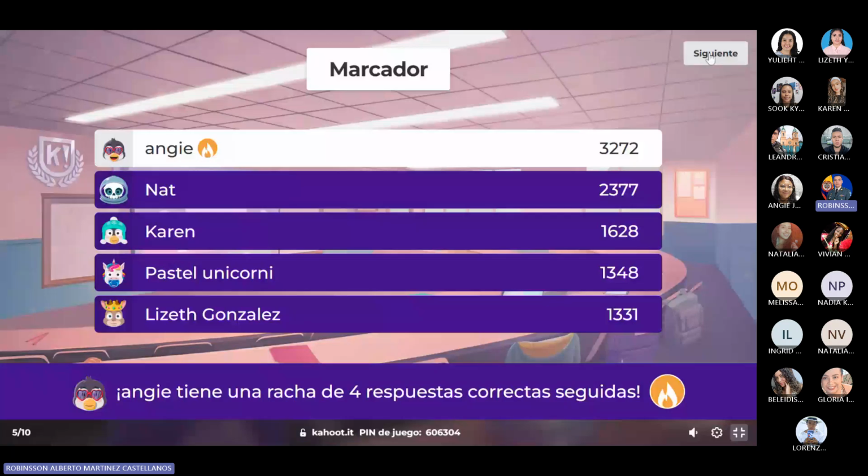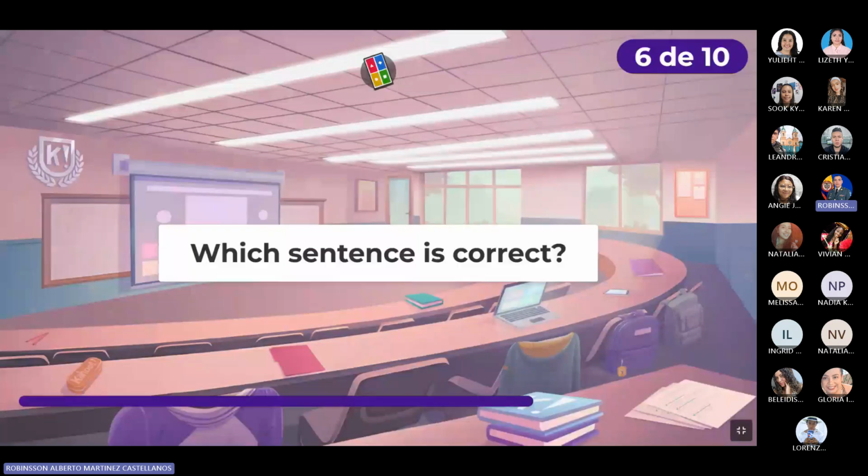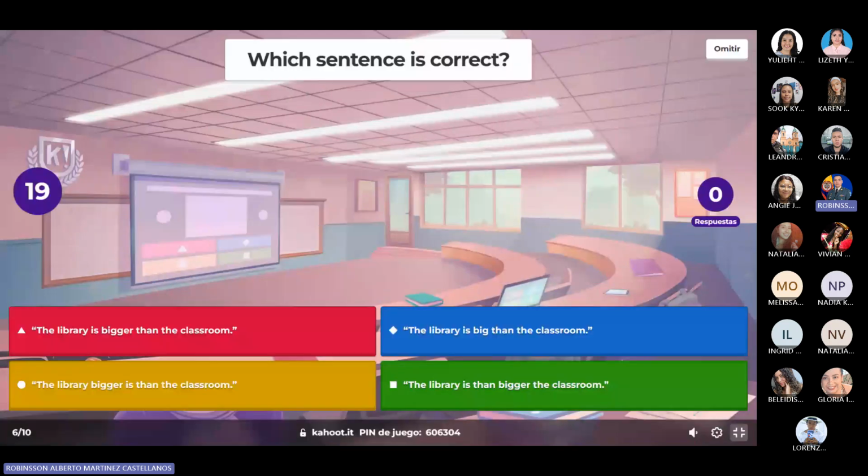Again, which sentence is correct? Very good.